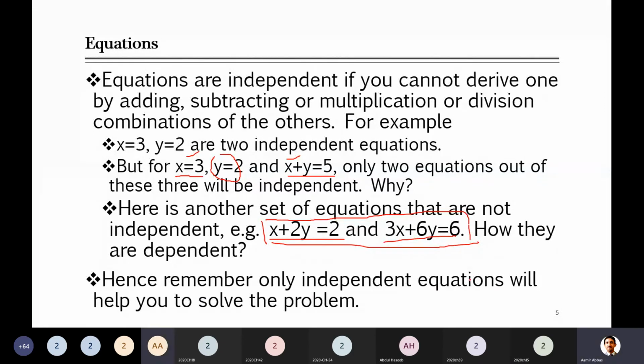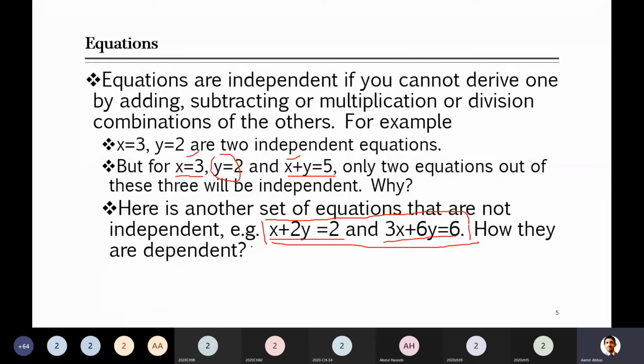So always remember that while solving the problem, you have to identify that the equations should be independent. For example, you wrote there that there were two equations and two unknowns, x and y, and you see, okay, I have these two equations and the number of degrees of freedom is 0, but in this case no. By the way, in this case which we are discussing, x plus 2y is equal to 2 and 3x plus 6y is equal to 6, can you find the degree of freedom of this system?